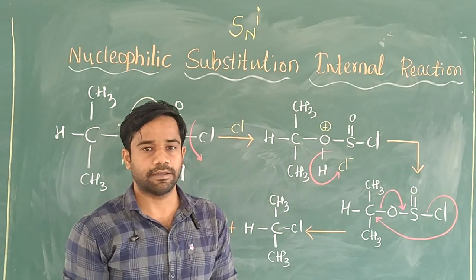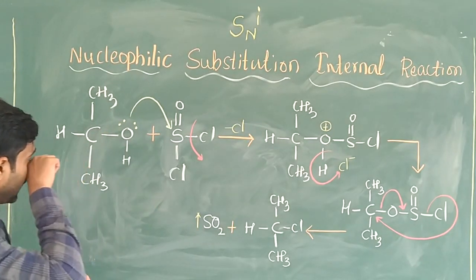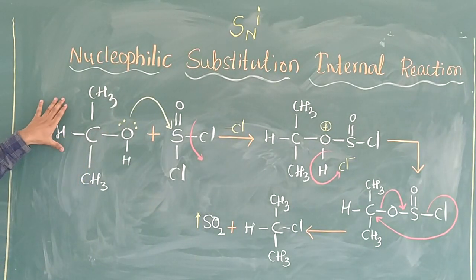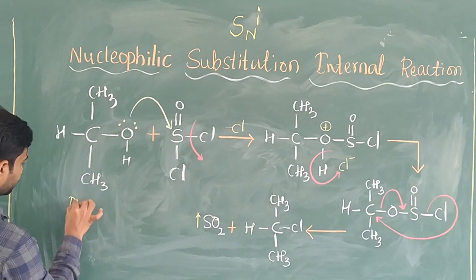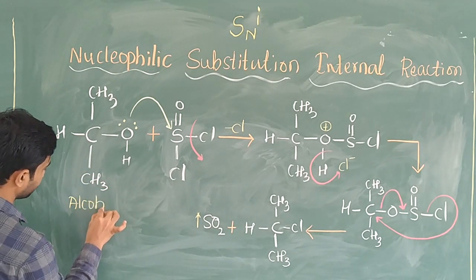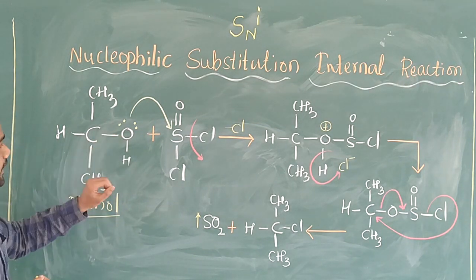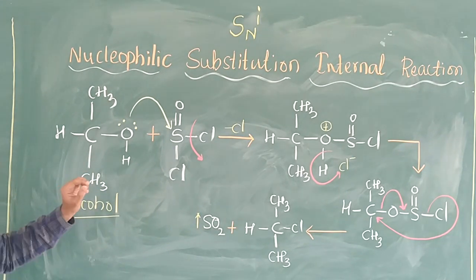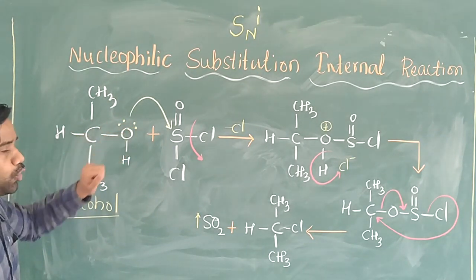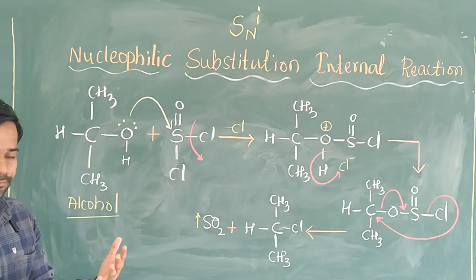So let us see the mechanism of the SNi. As I already told, in the case of the SNi mechanism, we are going to consider an alcohol. Here is your alcohol. I am writing it in the fashion of an oxygen and hydrogen bond. We already know that the oxygen has two lone pairs of electrons, which gives it higher electron density.